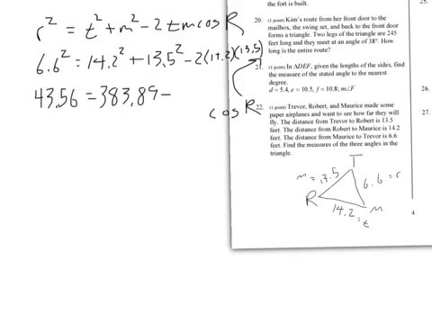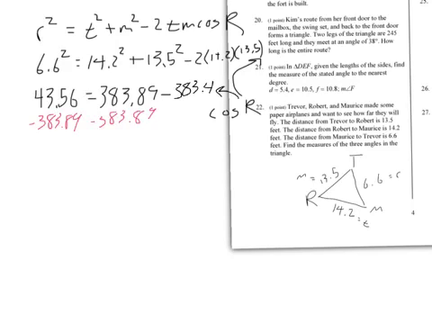And then minus 2 times 14.2 times 13.5. So 2 times 14.2 times 13.5 is 383.4. And then that's still multiplied by cosine r. So we could subtract this 383.89 from both sides.